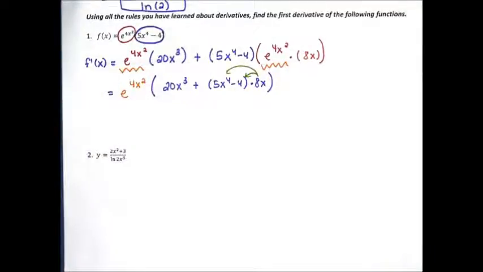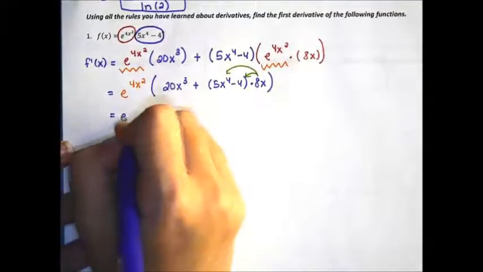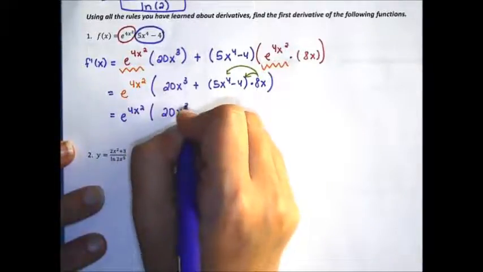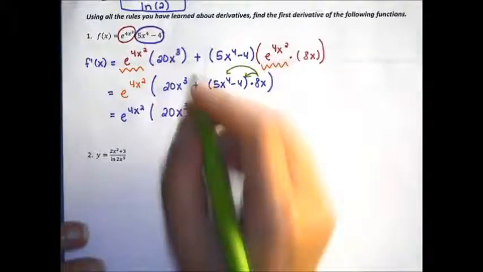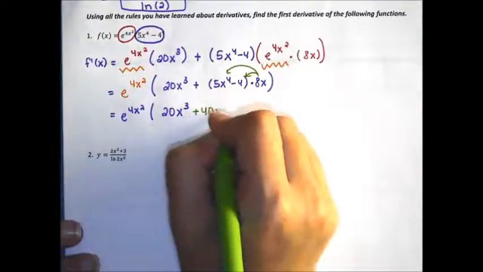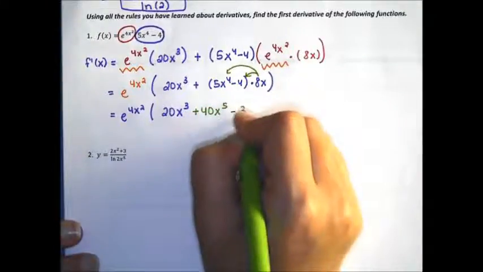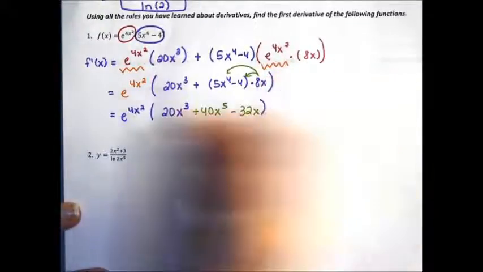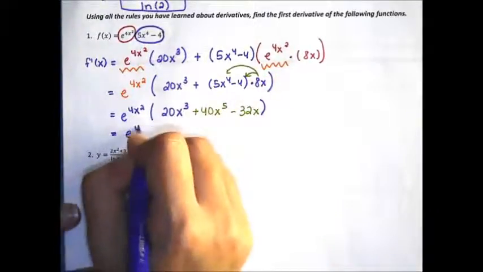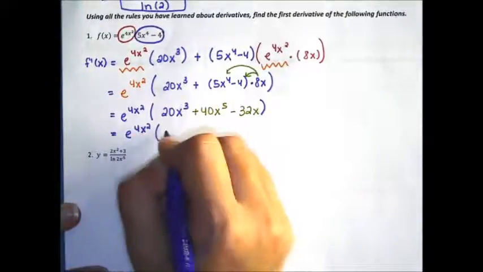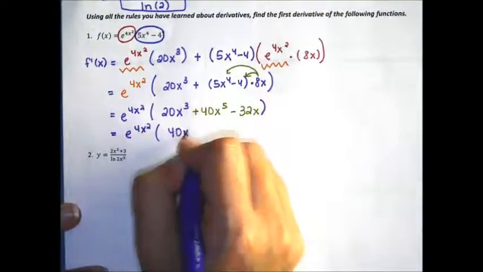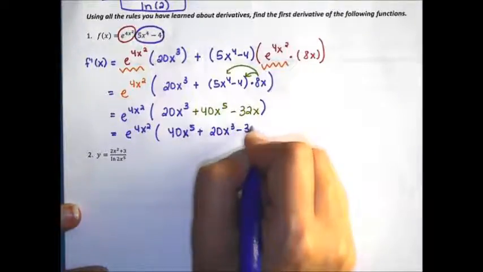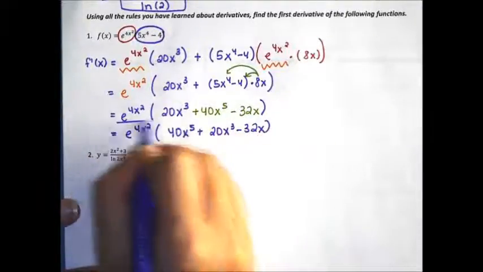When I do that, I'm going to copy down the e to the 4x squared, copy down the 20x cubed, and when I distribute, I get 40x to the fifth minus 32x. So my last step is just to write this in descending order. So I get 40x to the fifth plus 20x cubed minus 32x, and I'm done.